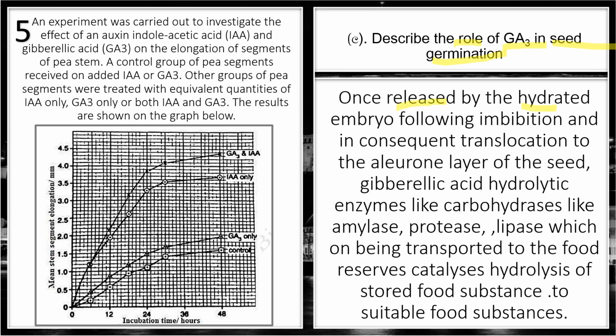Once released by the hydrated embryo following imbibition and consequent translocation to the aleurone layer of the seed, gibberellic acid stimulates the production of hydrolytic enzymes like the carbohydrases such as amylase, protease, and lipase, which, on being transported to the food reserves, catalyze hydrolysis of the stored food substances to suitable food substances.